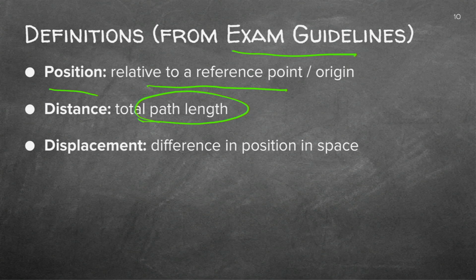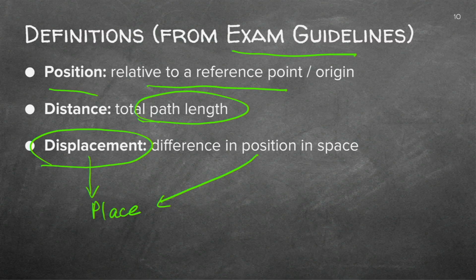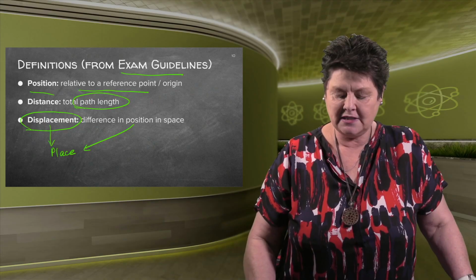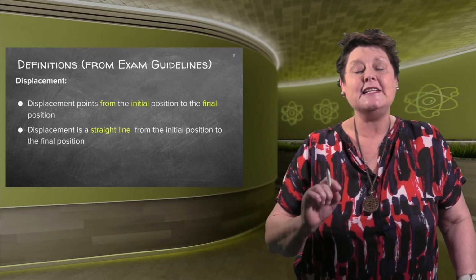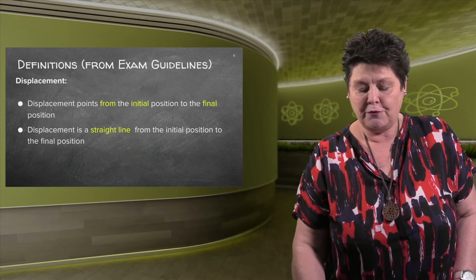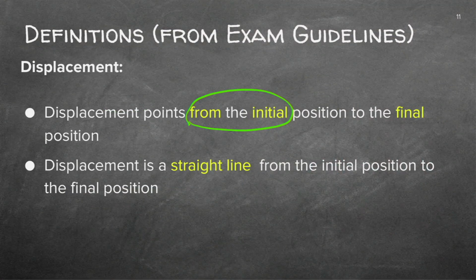Now a next new term, displace. Now remember, place will mean at a certain position. And now you displace, so you move from that point on. A displacement will be from the initial position to the final position.